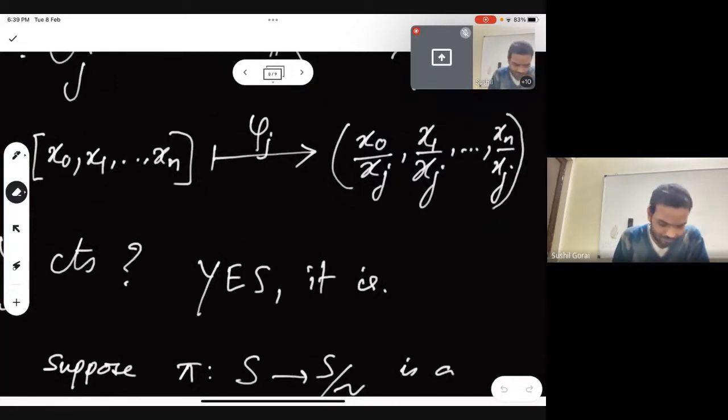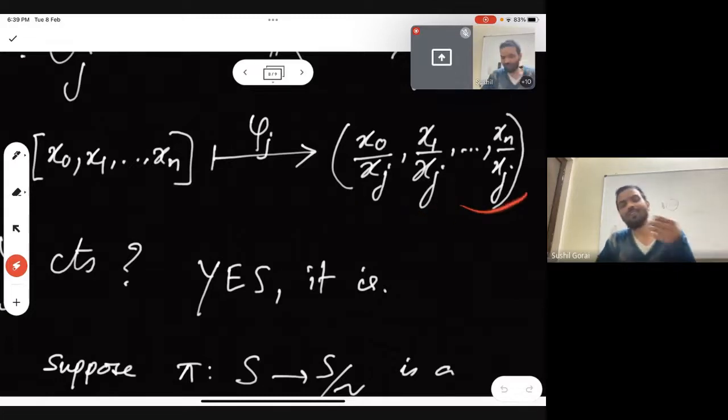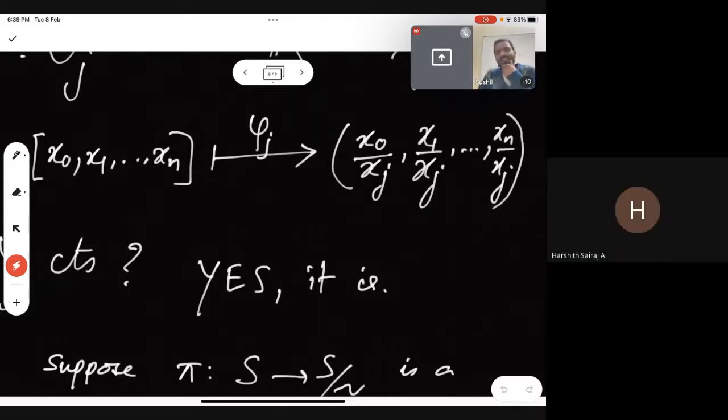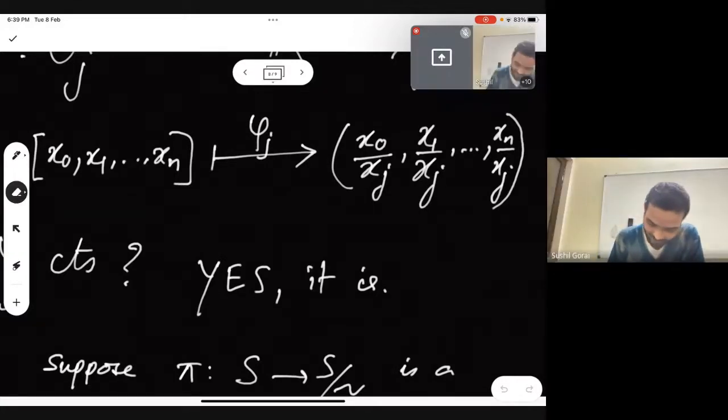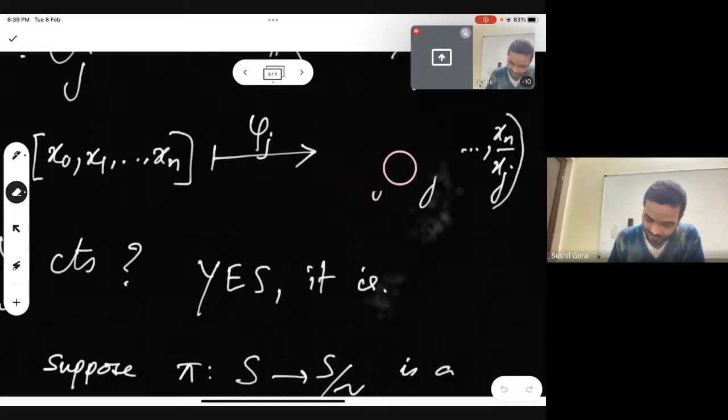You should have pointed out, how many coordinates are there? Sir, we should omit xj by xj. Yeah, we should have omitted that one. So let's omit it.